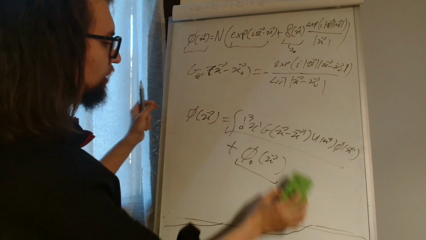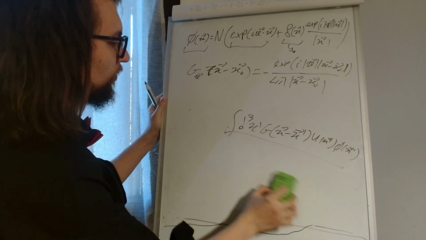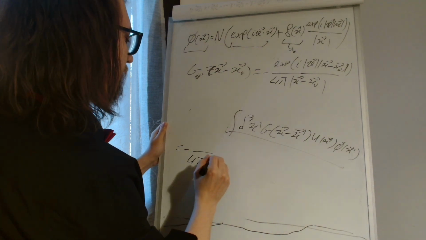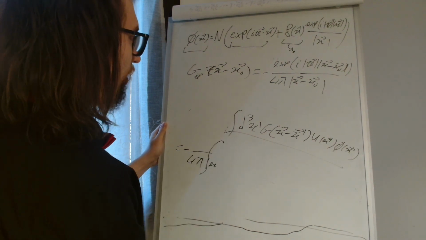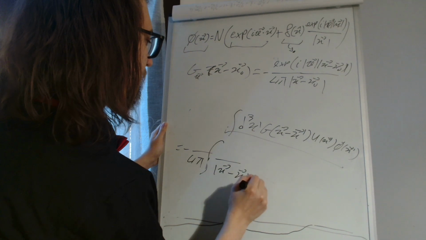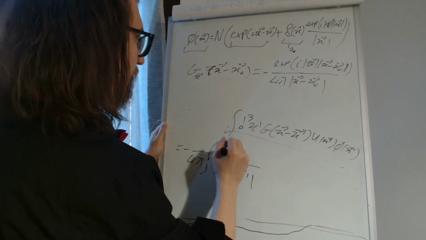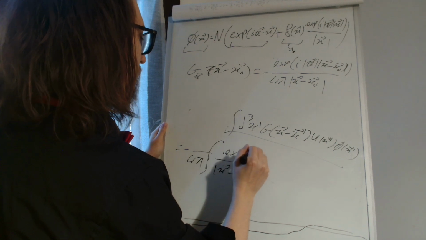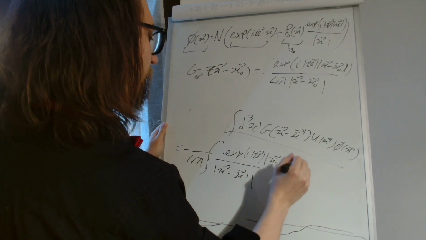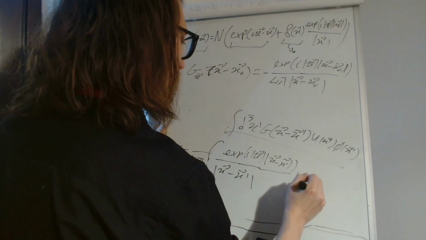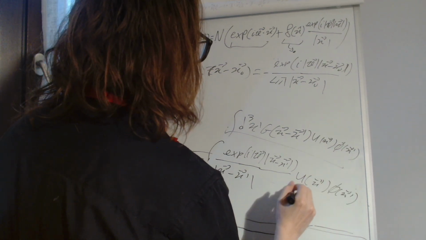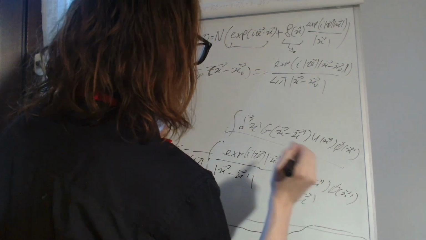So our perturbation integral will be minus divided by 4 pi the integral of the exponential of i modulus of k modulus of x minus x prime, divided by the modulus of x minus x prime, times u of x prime phi of x prime, integrated in the volume x prime.